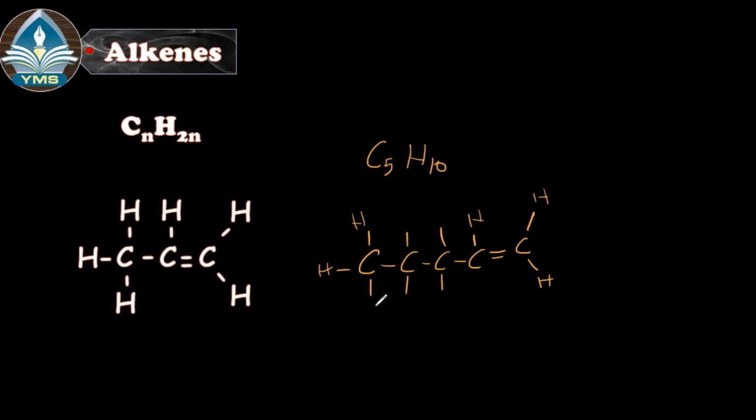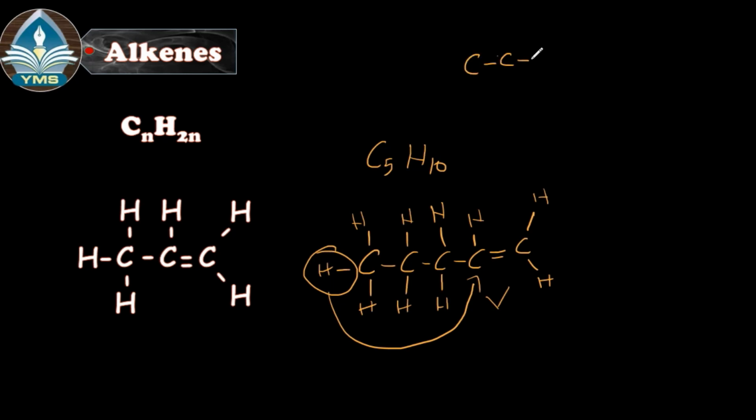You draw hydrogens around them all. And this is how we draw the alkene. Some of the mistakes that students make: they draw the hydrogen here instead of here, and this is false. Why? Because look, if you have it like this one, see 1, 2, 3, 4, 5.